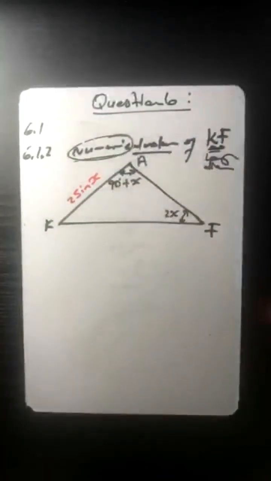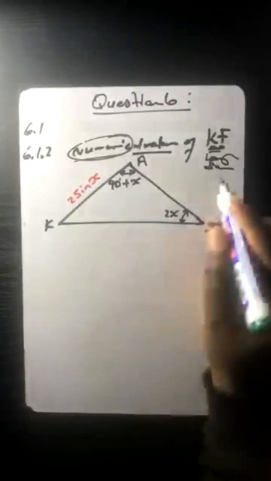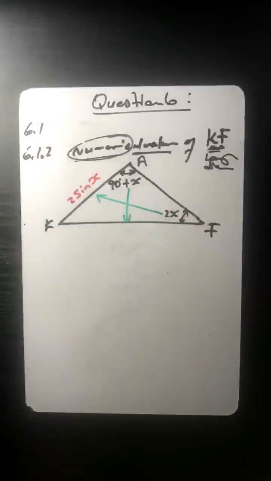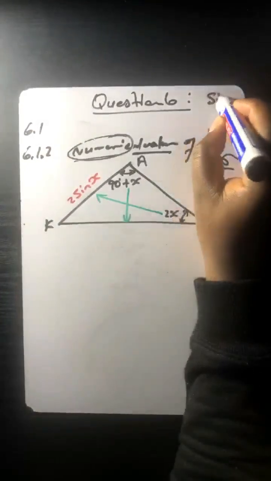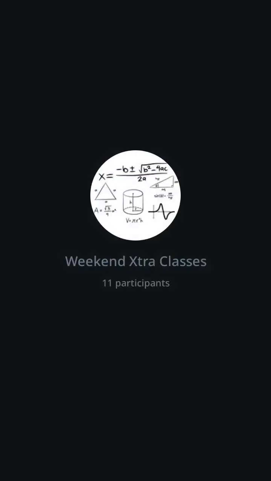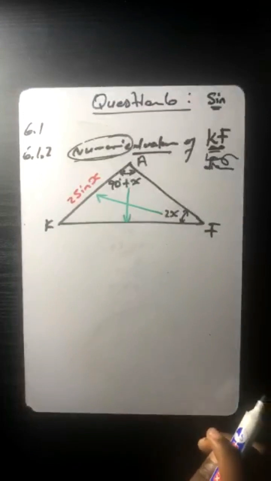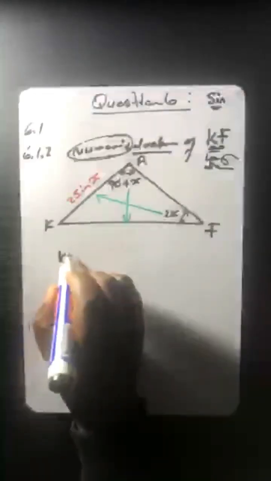So I think it is now easy because we realize that we can actually use the sine rule: we've got an angle and the opposite side, and we've got an angle and we are looking for the opposite side. Remember, when you use the sine rule, it depends on what you're looking for. Whatever you're looking for, write it first, as the numerator. So KF is what we are trying to calculate.